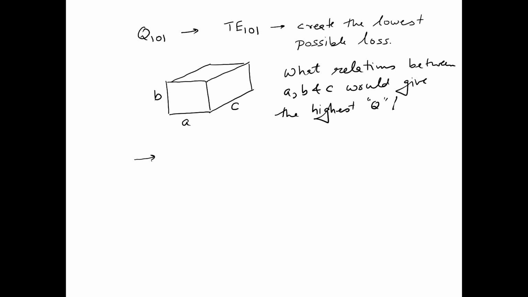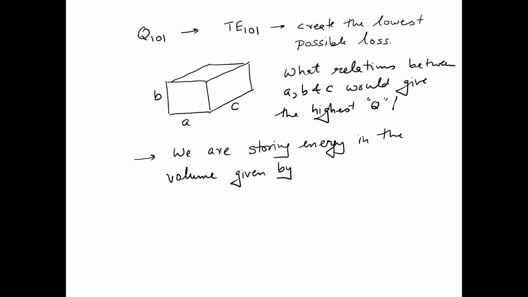In this case, we are storing energy in the volume given by A, B, C. We're storing energy in this volume enclosed within this cavity, and the loss is coming.